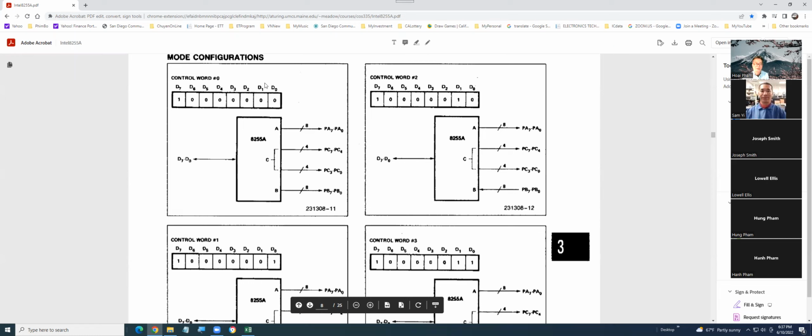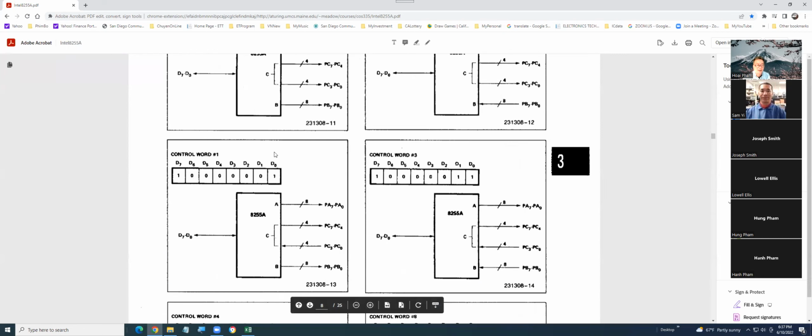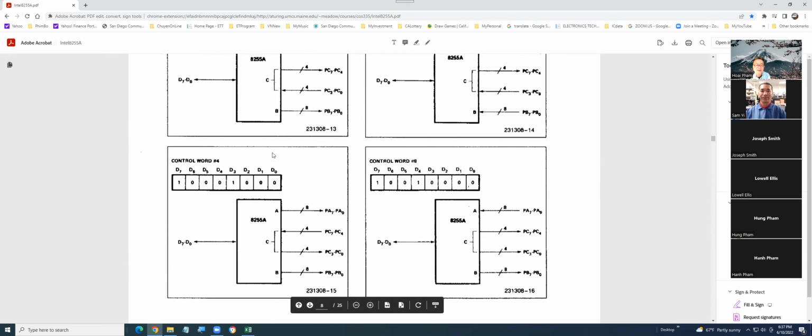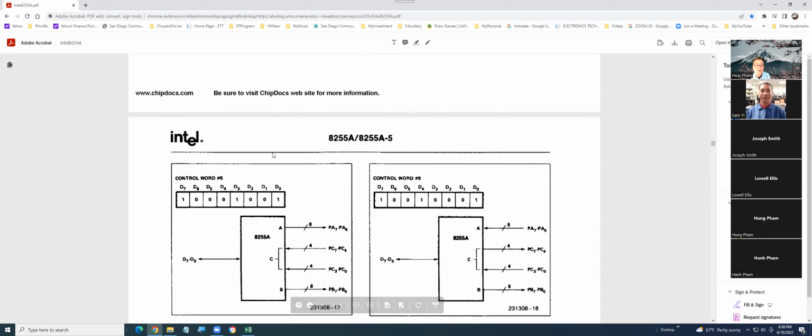control word. Okay? So basically, Mr. Pham, you have to scroll down to 0x89, and that's the one you were talking about. Let's see. 89. That's it right there.